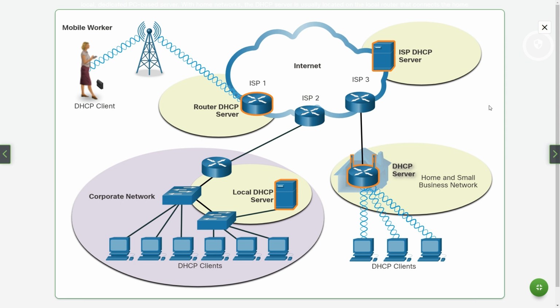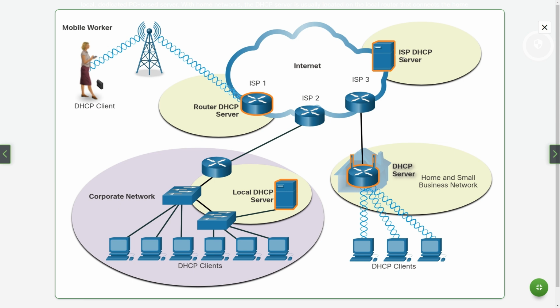This is a great image to see how the devices connect to the internet. Mobile worker DHCP clients attach or connect with this device wirelessly. Router, DHCP server, ISP1, ISP2, ISP3. Remember, ISP is Internet Service Provider.